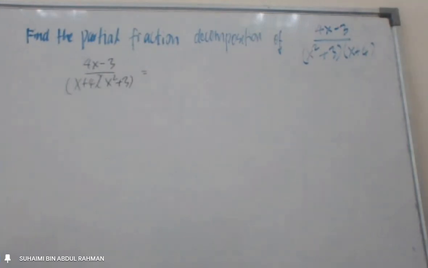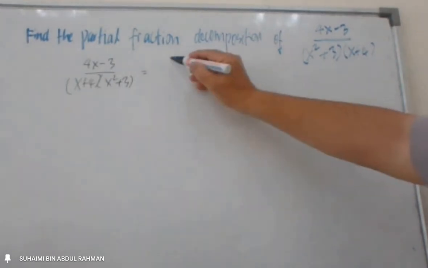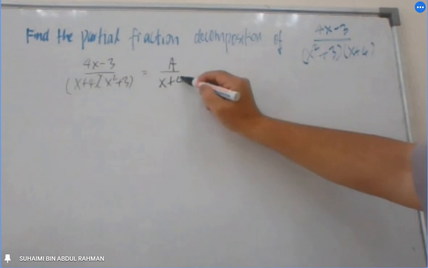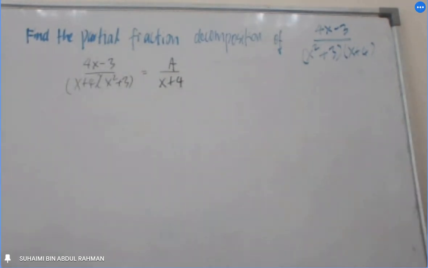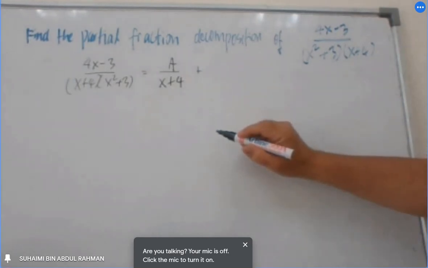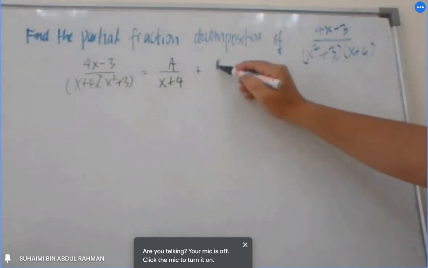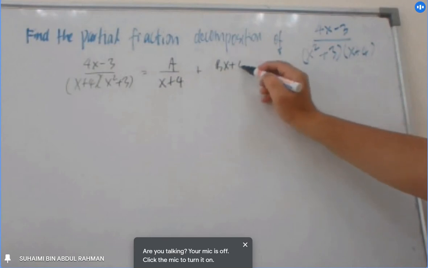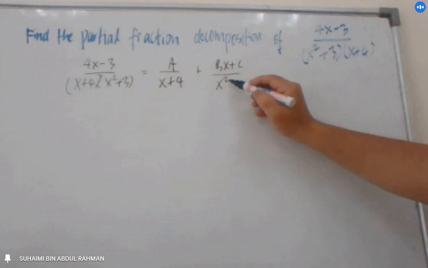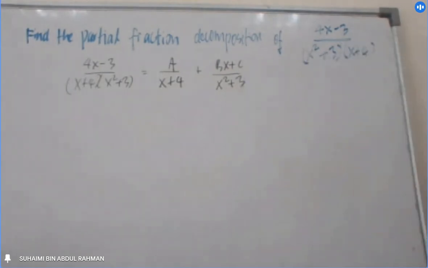A over (x + 4) plus (Bx + C) over (x² + 3).